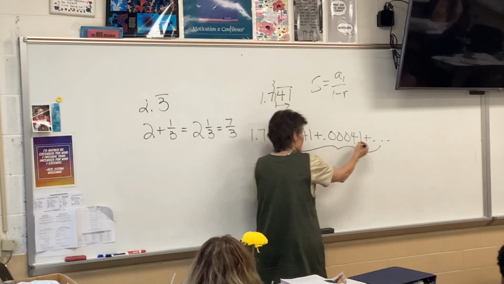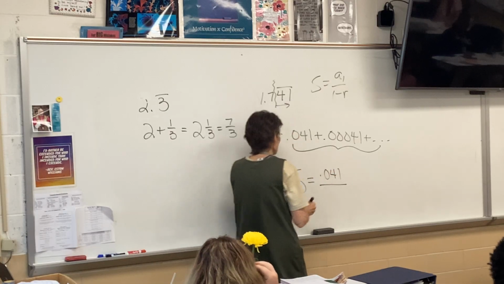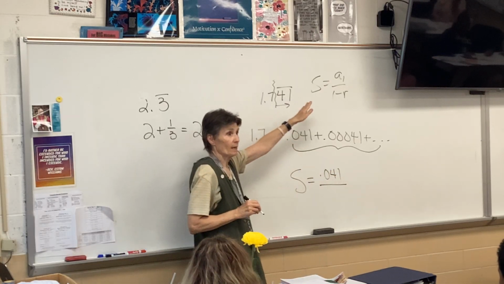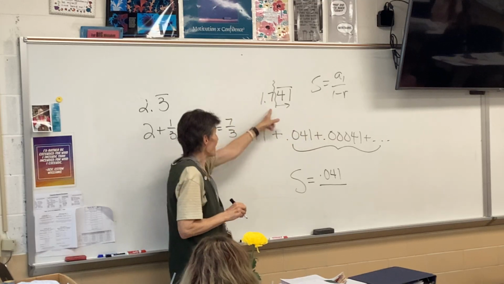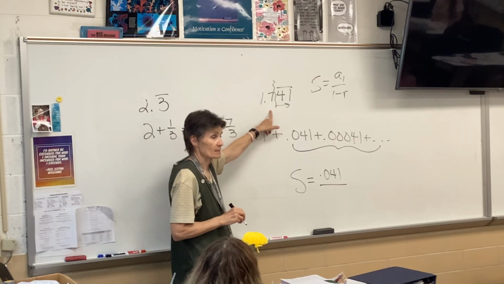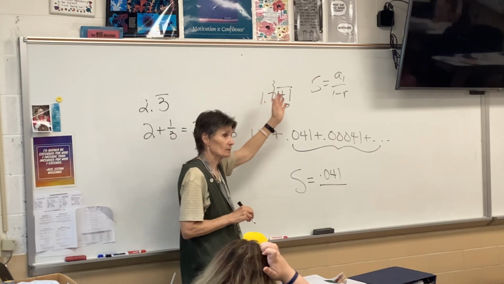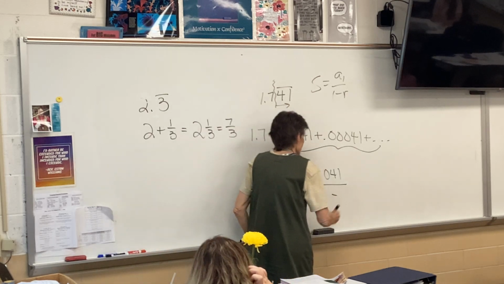We are adding up this one, 0.041. Remember, that formula does an infinite geometric series. The 1.7 is not infinite. It's not part of the series. I deal with it, but it doesn't go in the formula. What is my ratio?